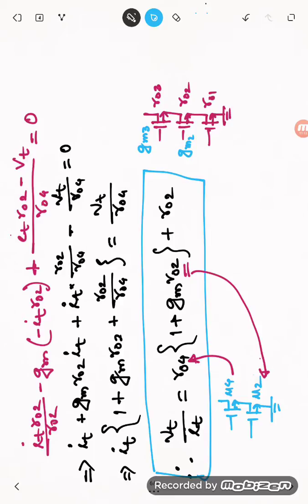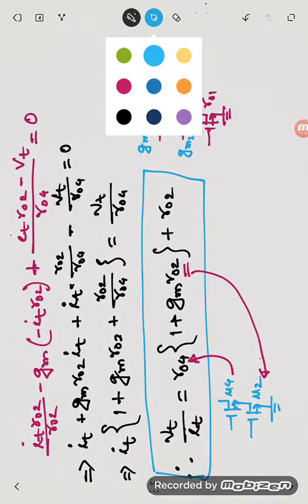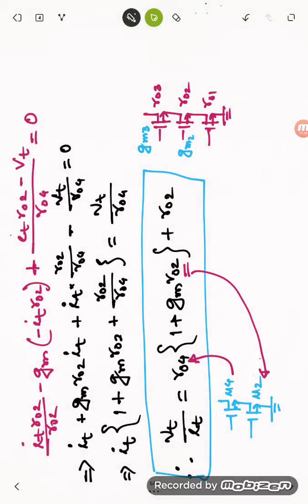From this section we can write down the output resistance. That format should be the top MOSFET resistance R03 times 1 plus gm3 times the resistance that you can see from the lower side.